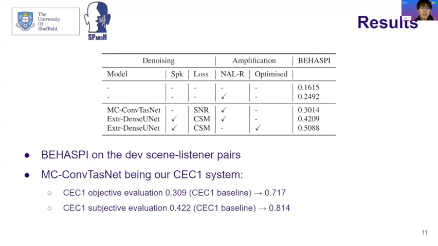And the target speech extraction dense U-Net can make further improvement with the target speaker information. And the optimized amplification helps the final Battle heart speed score reach slightly above 0.5.